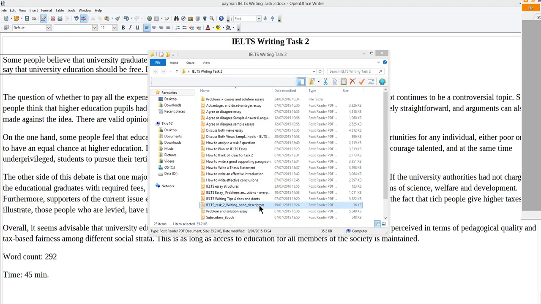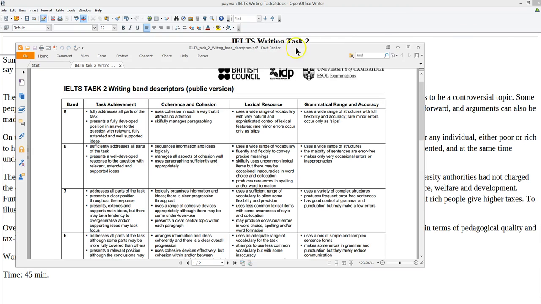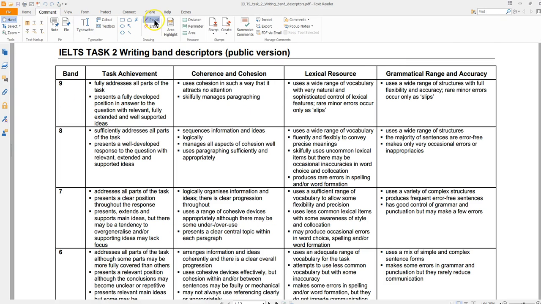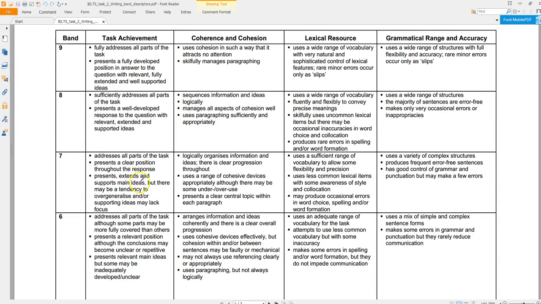I'll go back to it once again. Let me just grab this, bring it here. I'll show you what I mean. Right. Clear position throughout the response for at least a 7. So we have to know exactly what you think all the way through the essay.